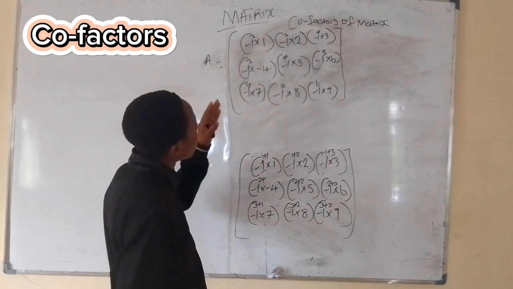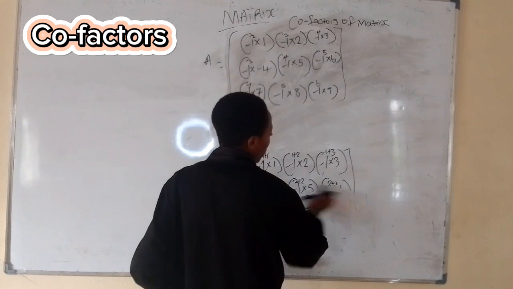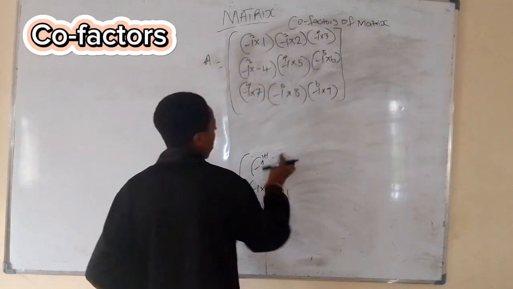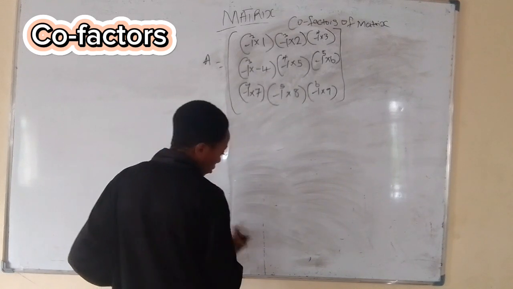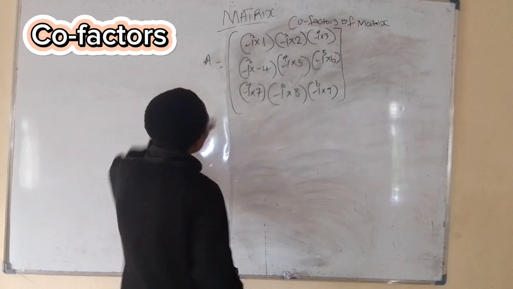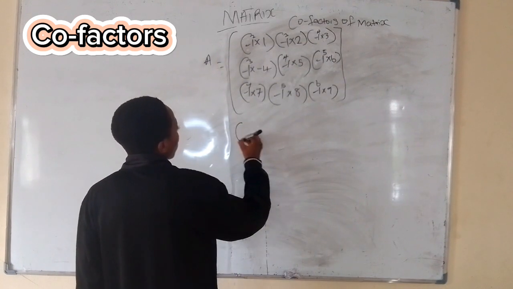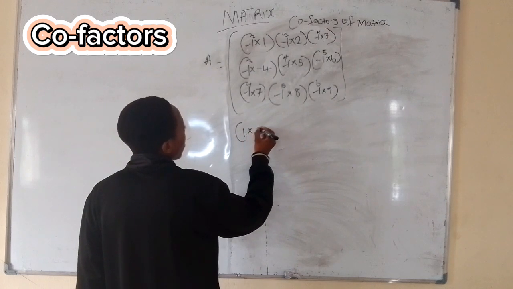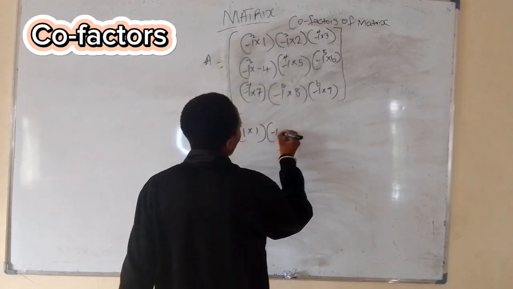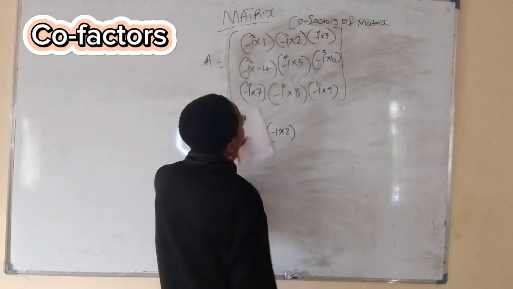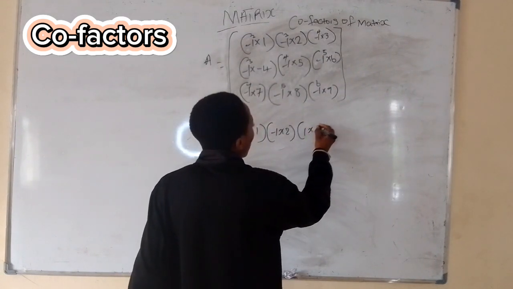Now next we want to multiply minus 1 by the power. Minus 1 to the power of 2 will give us plus 1. We have 1 here times 1. Minus 1 to the power of 3 is still minus 1 times 2. Minus 1 to the power of 4 is plus 1 times 3.